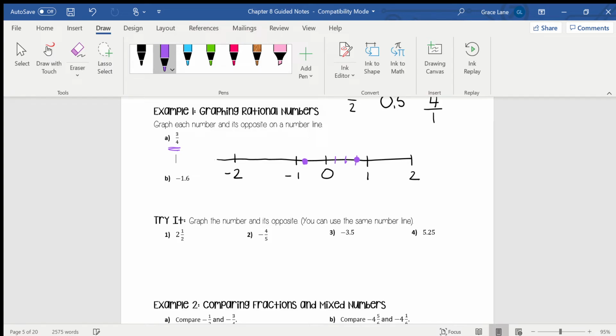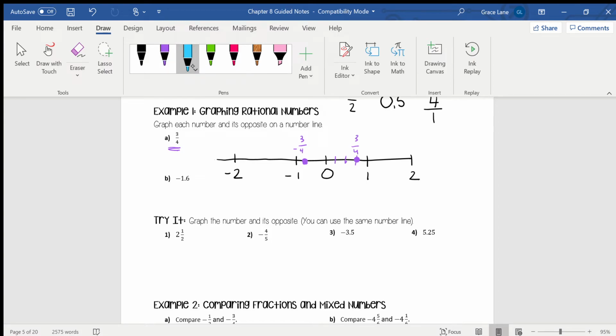You could draw little lines again to represent fourths if you want. Or if you know that positive 3 over 4 is in between 0 and 1, you know that negative 3 over 4 is also going to be between 0 and -1. They're kind of like mirror images on either side of 0.